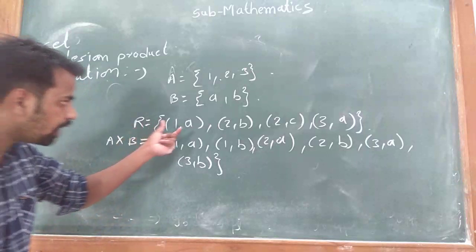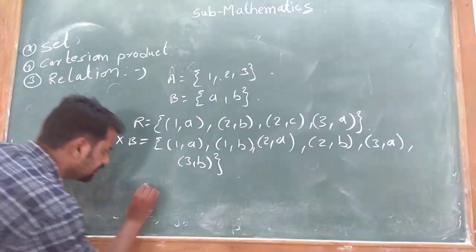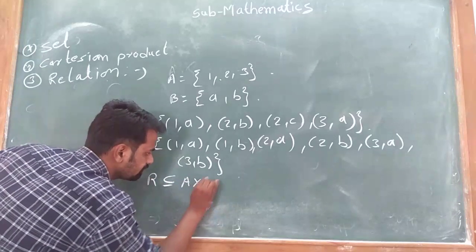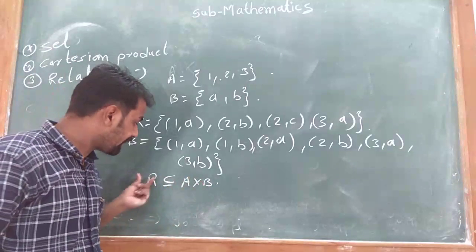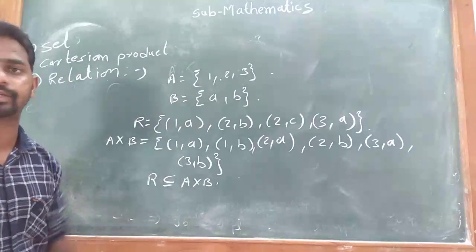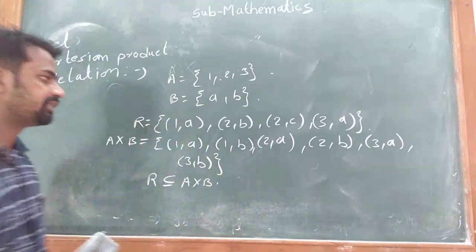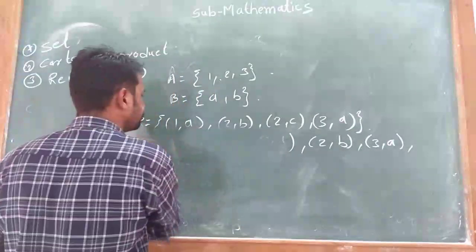Here we see that all the elements of R are also elements of A cross B. Therefore, R is a subset of A cross B, and so R is a relation from A to B. And it can also be denoted by a Venn diagram.